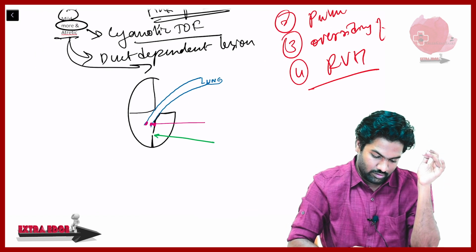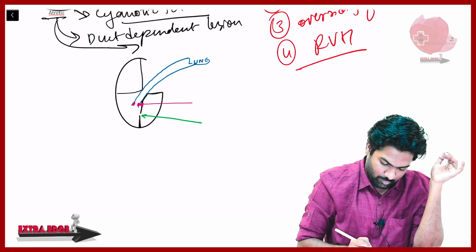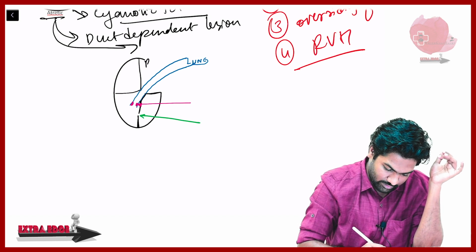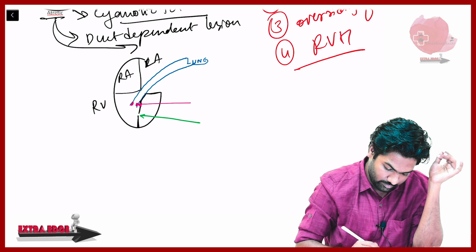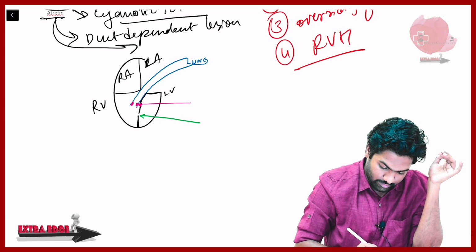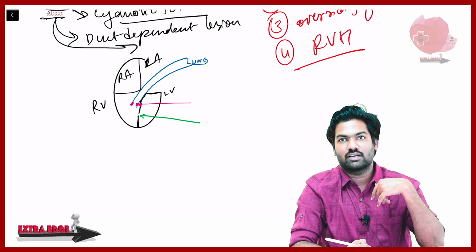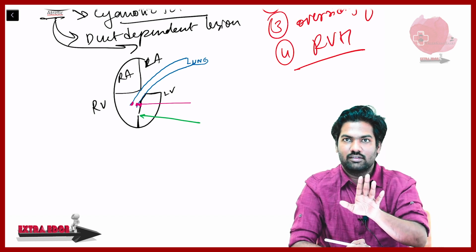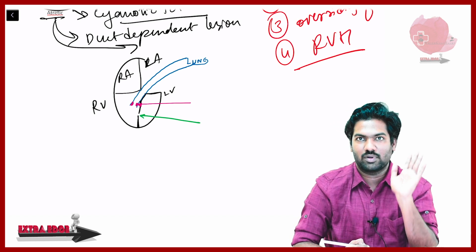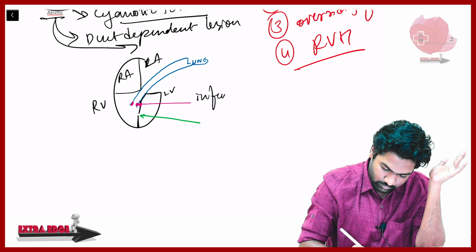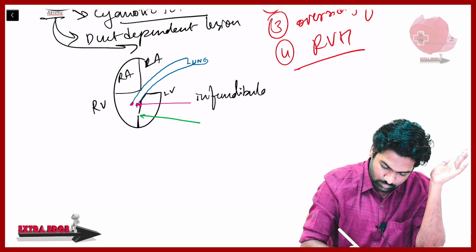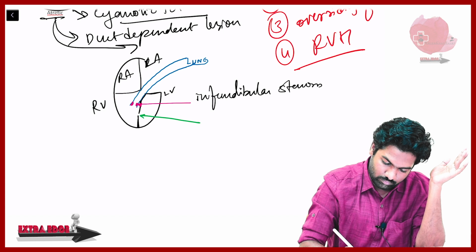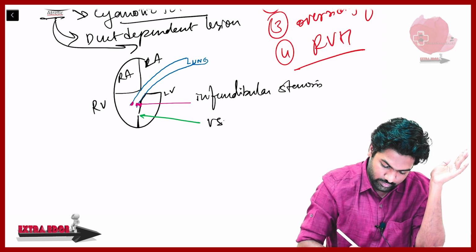Now we can see one small diagram I have drawn here. We shall label this first. This is the left atrium, this is the right atrium, right ventricle, this is the left ventricle. In further classes also, wherever the pink is there, it is going to be infundibular stenosis or pulmonary stenosis. And this is the VSD.